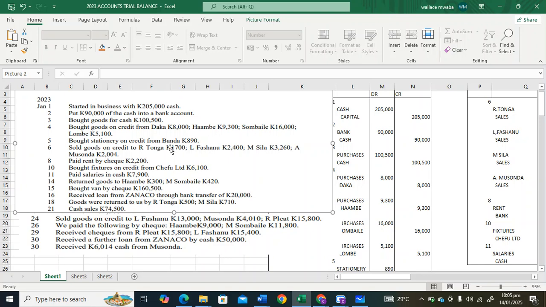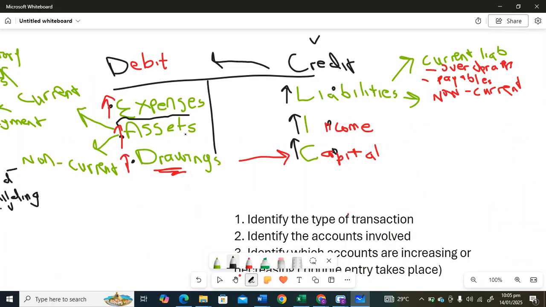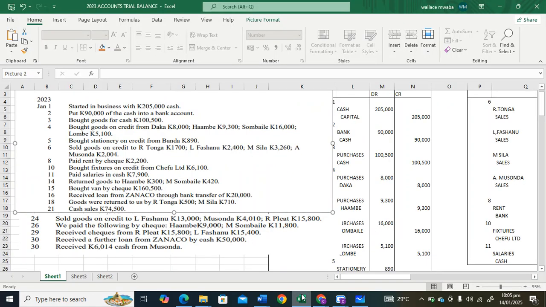And then cash is an asset. Decrease in an asset, you credit, because assets increase with the debit. So it means they have to decrease with credit. So you're going to credit cash 7,900.